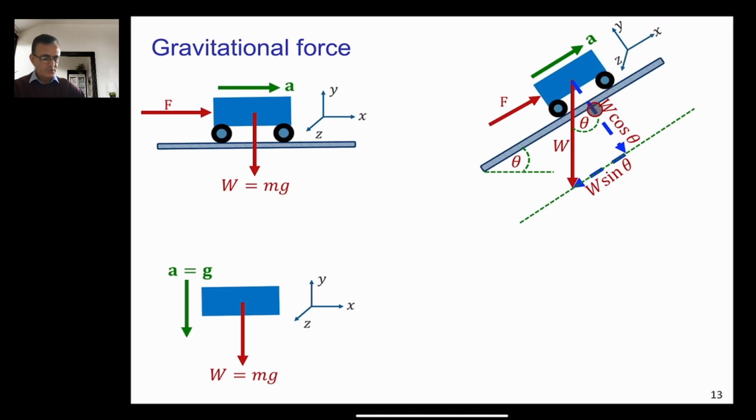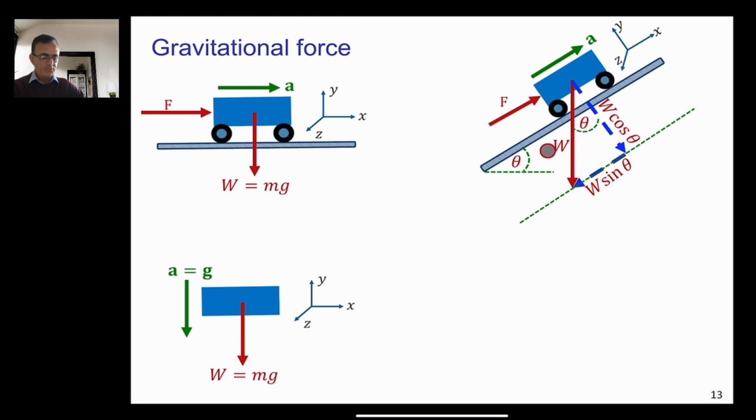So to solve this problem, we need to calculate the components of weight in the direction of y and x. For example, if you are given the angle of this plane, which is theta here, then we can split this weight into two components, one in the y direction and one in the x direction here.